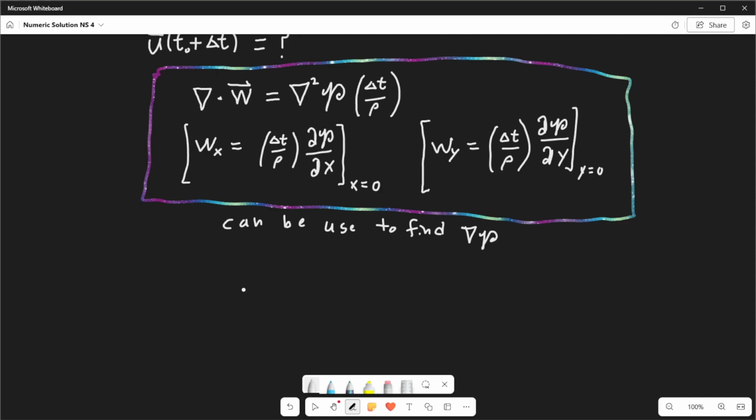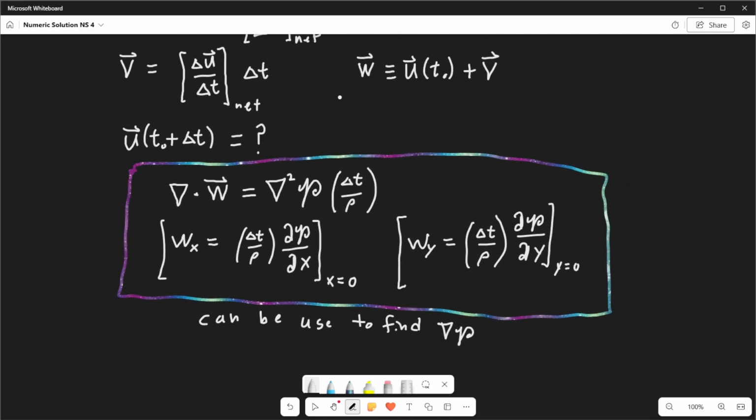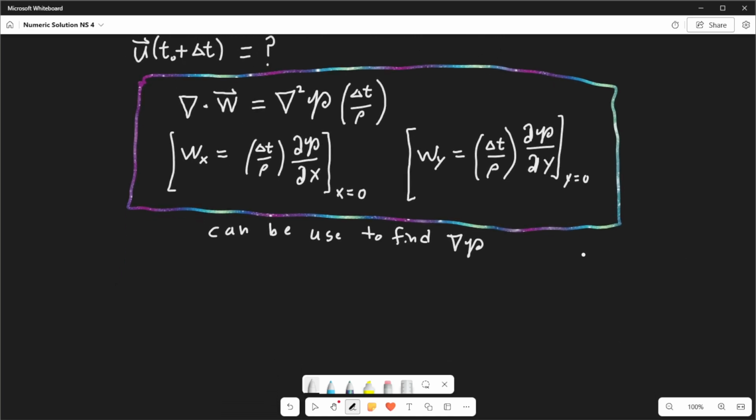And then after that, you just add the gradient of P to W. Once the gradient of P is known, all that has to be done is it's added to W, and that will come up with the U for the next time step.